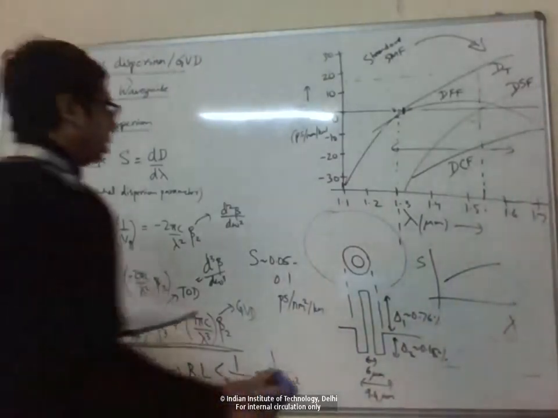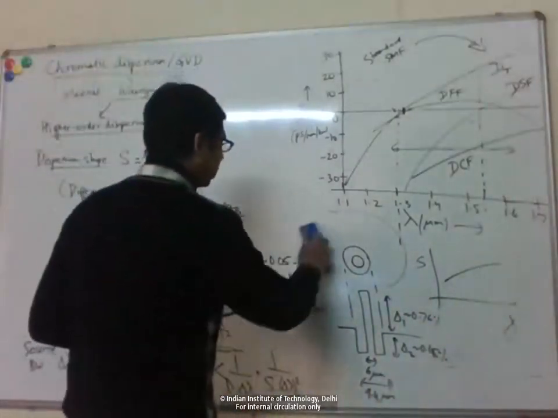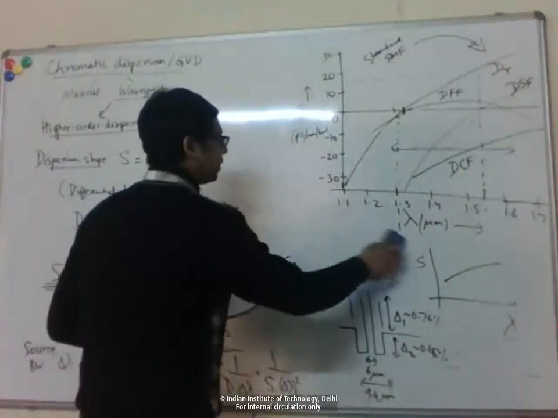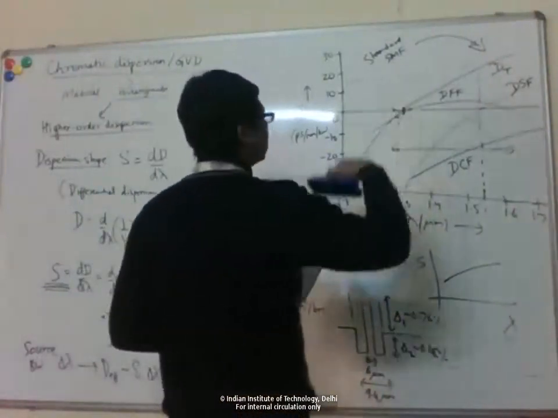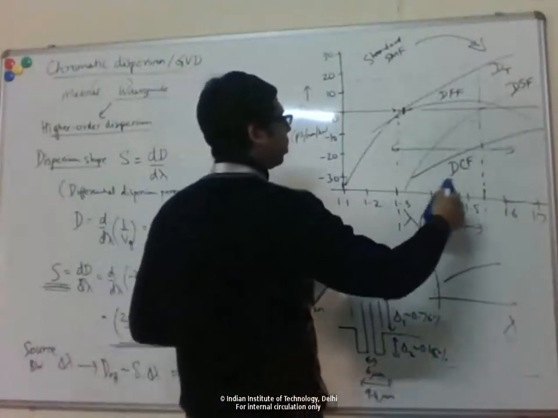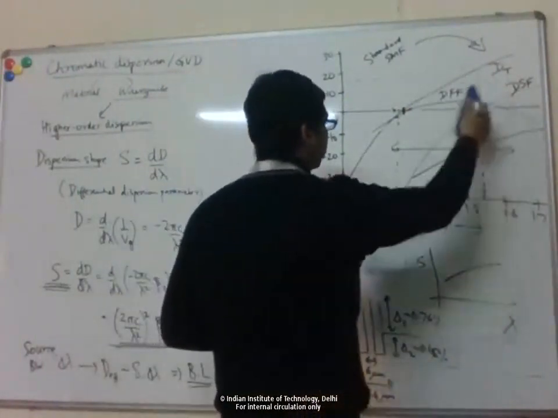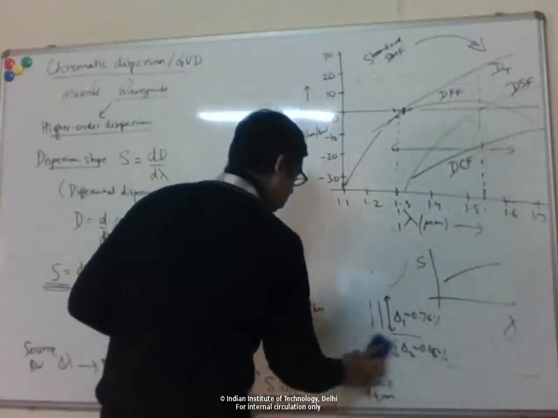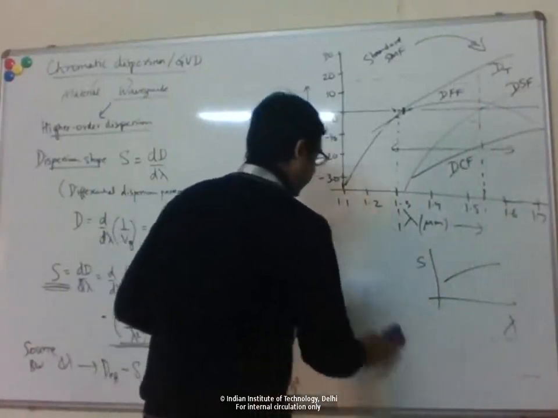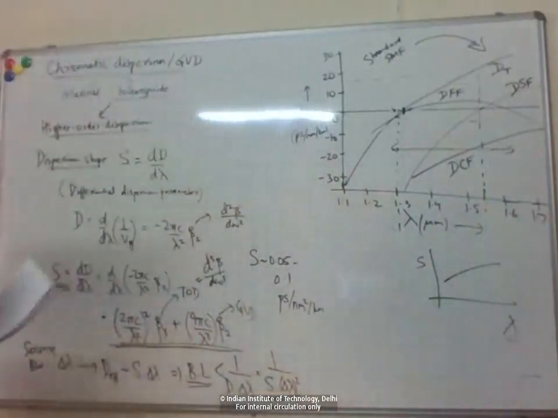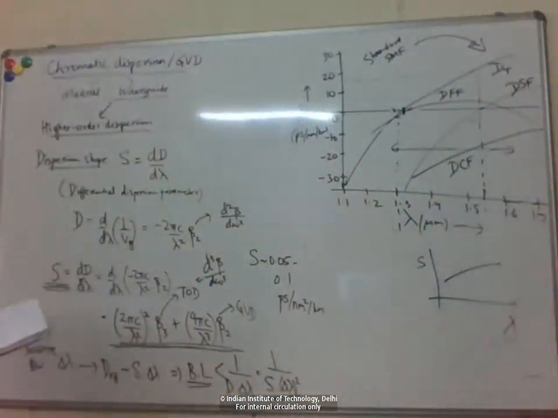Okay, so we can estimate what is the limit now. So let's say we are working at the zero dispersion wavelength, either using conventional single mode fiber at 1.3 micron or with dispersion shifted fiber at 1.55 micron. So then the broadening due to GVD is 0.